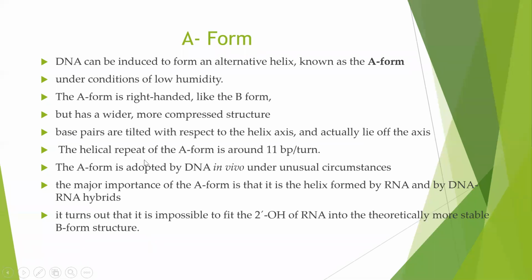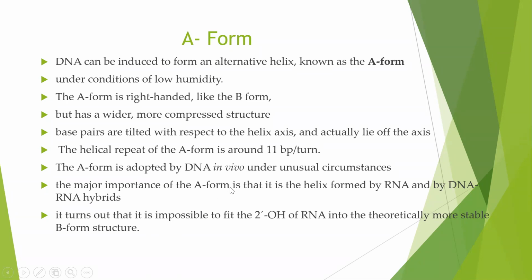Otherwise, they are present on the helix axis itself in case of the most stable form, that is B form. In case of the A form, the helical repeat is around 11 base pairs per turn. This A form conformation is adopted by DNA in vivo conditions only under unusual circumstances.